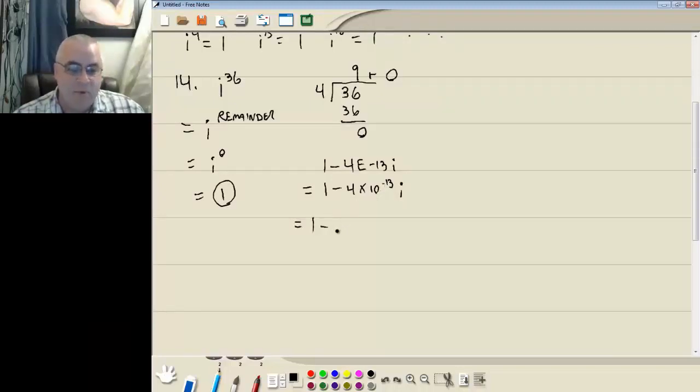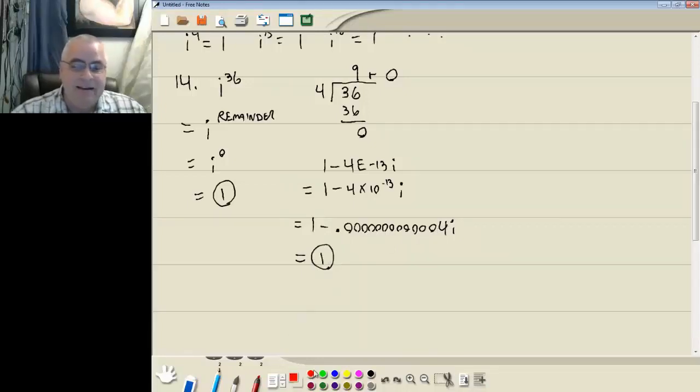So 1 minus 0.0000000000004i, assuming I counted enough zeros there. Well, if I told you guys I'm going to give you $0.00004, what am I giving you? I'm giving you nothing, right? So if I did any kind of rounding, that would go to 0. So our answer is just 1.